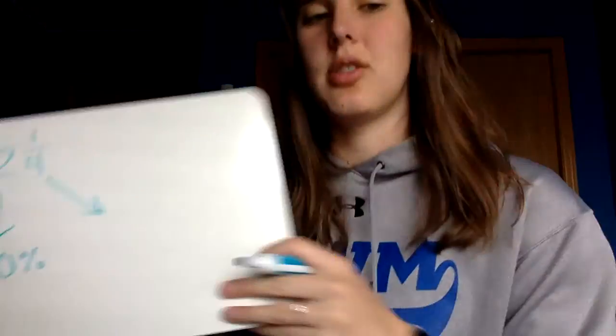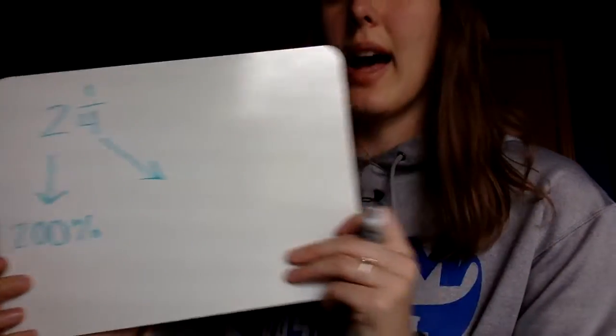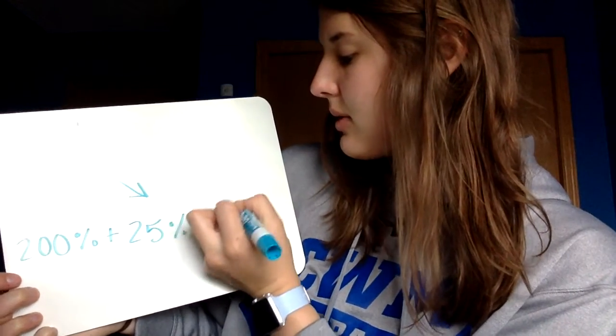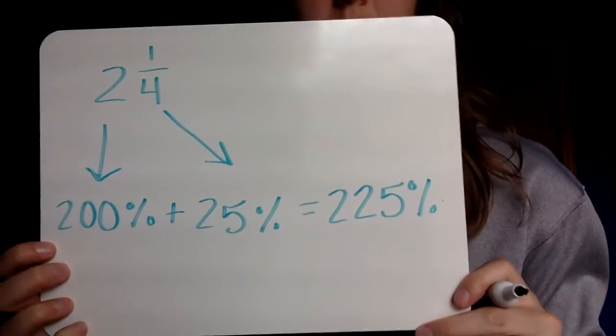So that part is 200%. Then we're going to break this fraction over here. And 1/4 of 100 is 25%. Then what we do is we put them back together. 200% plus 25% equals 225%. That is one way you can do it.